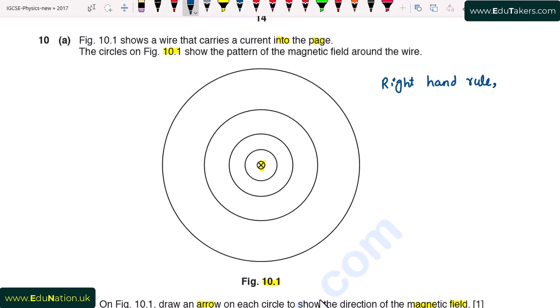According to this rule, if you point your thumb in the direction of the current, then your curling fingers will show the direction of the magnetic field.